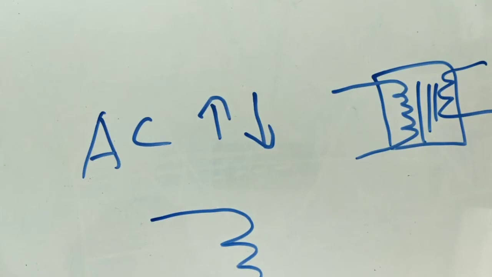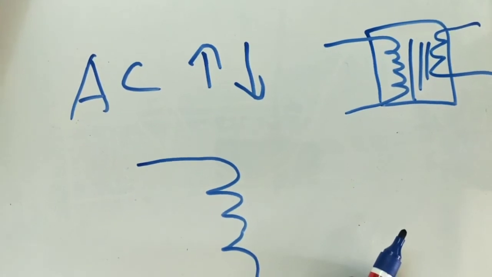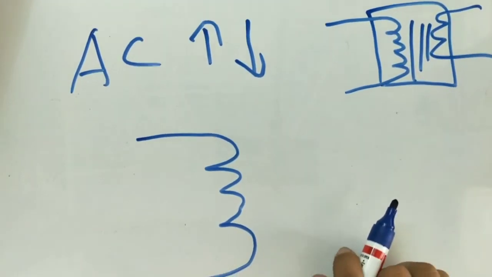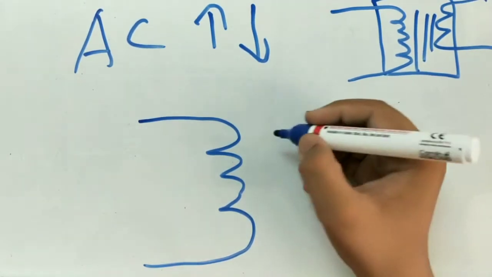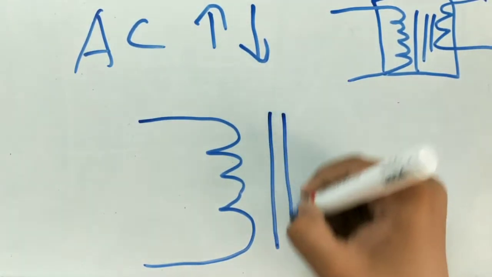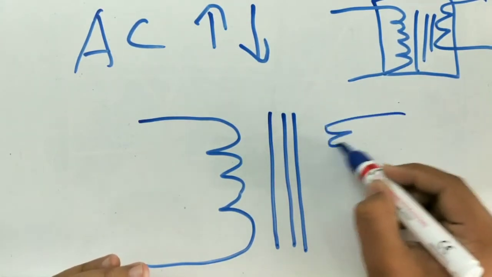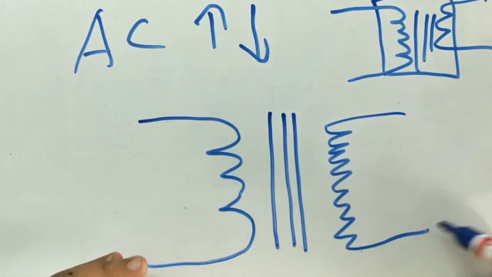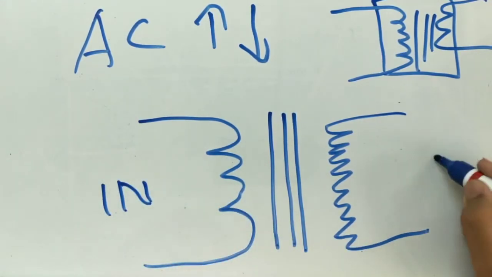This is a step up transformer. Let's imagine it like this. Here is the iron core, and this is in and this is out.